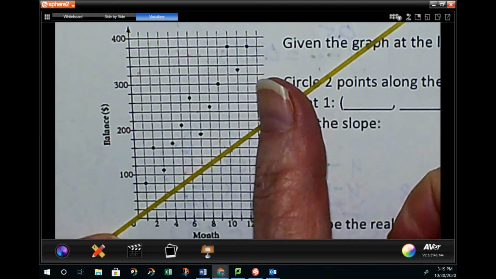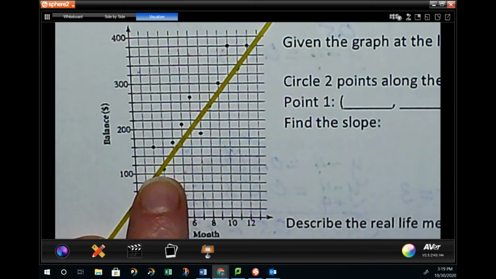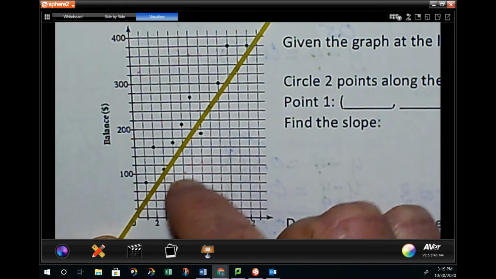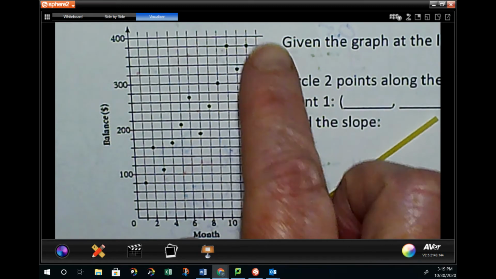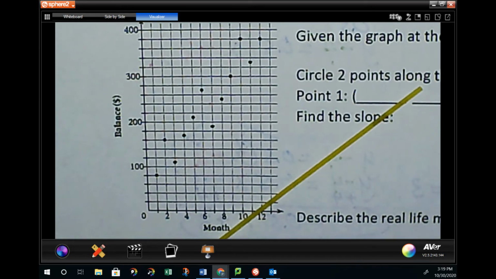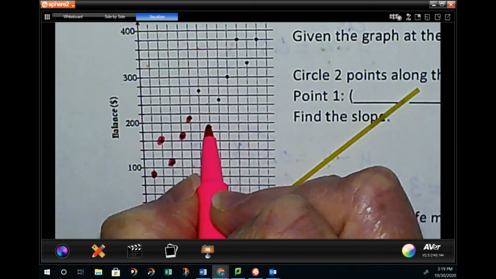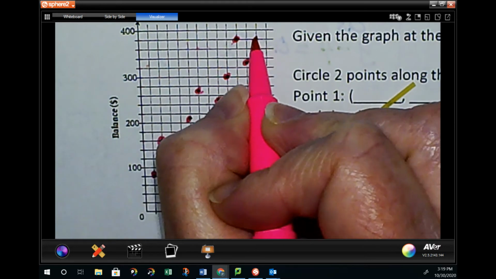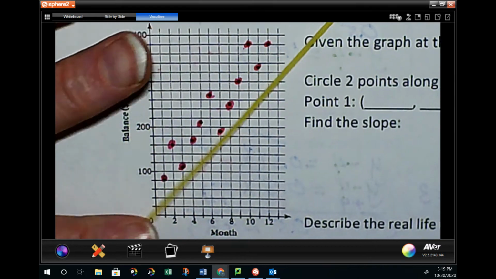The other common mistake that students make is they'll say, I'm going to go from 0 to there. But you still have all of these little points, and you've got more points above than below. I'm going to make my points a different color so we can actually see them.